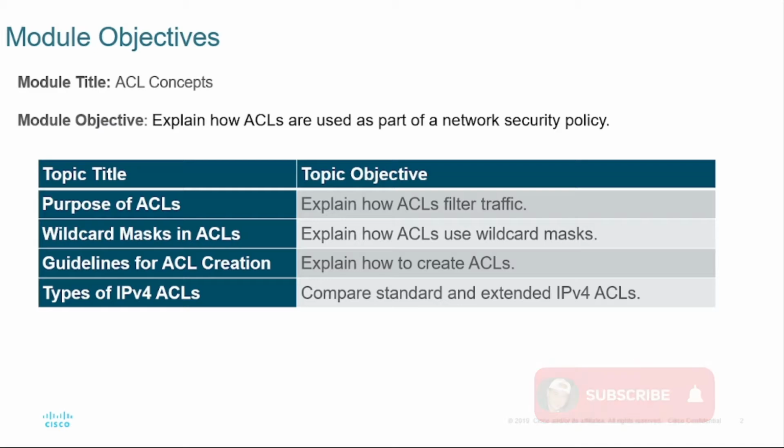And guidelines for ACL creation. We're going to explain the guidelines in creating an access control list. And of course, we're going to discuss the different types of IP version 4 ACLs. We're going to compare the standard and extended IP version 4 access control list.